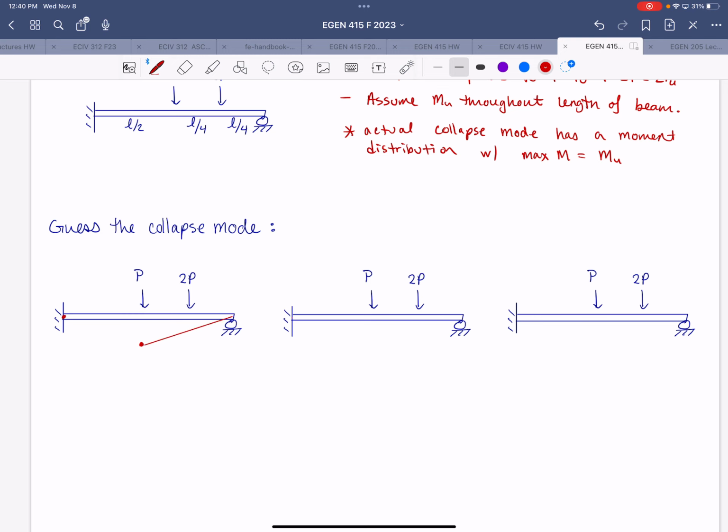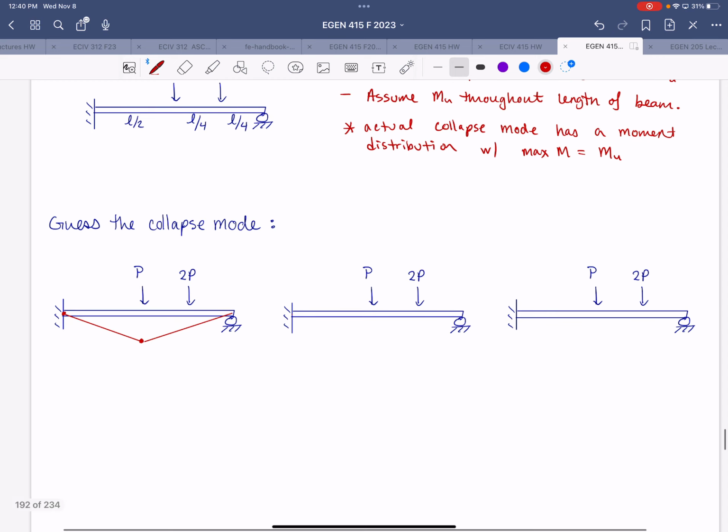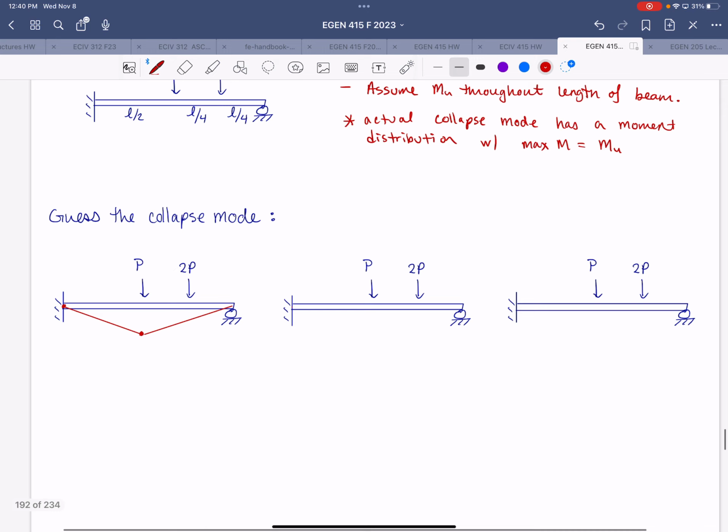So this is the scenario that we previously considered, except the difference is now we have another load that will contribute to the work done, right? So it's not going to be the exact same result for the definition of Pu.